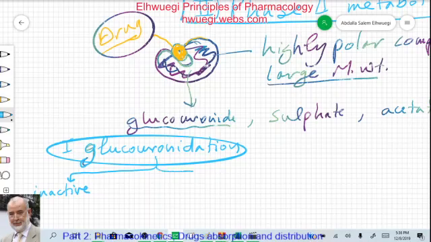Sometimes the conjugated complex is more active pharmacologically, like what happens with morphine.